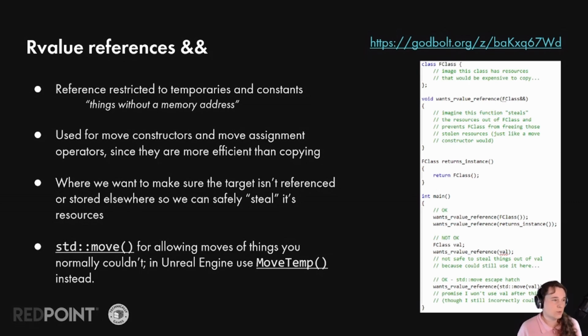Because other things could still be referencing val. There's a possibility that something else is referencing val. You can use std::move or MoveTemp as an escape hatch to basically say, I really promise that I'm not going to use val after this point, so it's safe for you to steal the resources out of it. Of course, C++ will totally let you still access it, and it'll just be garbage.